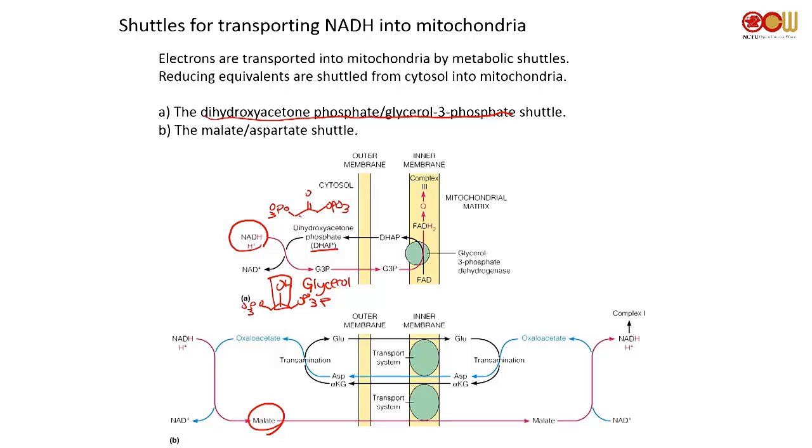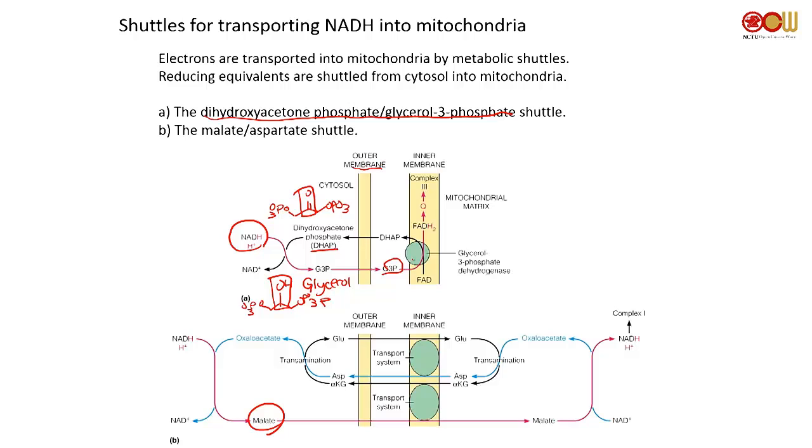So you turn a ketone into an alcohol. You effectively reduced DHAP. Now glycerol 3-phosphate can penetrate the outer membrane of your mitochondria.